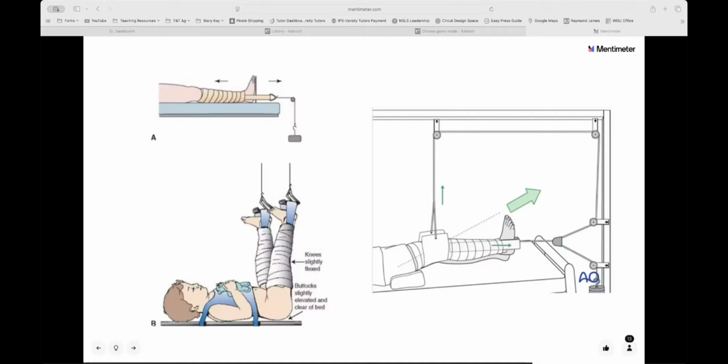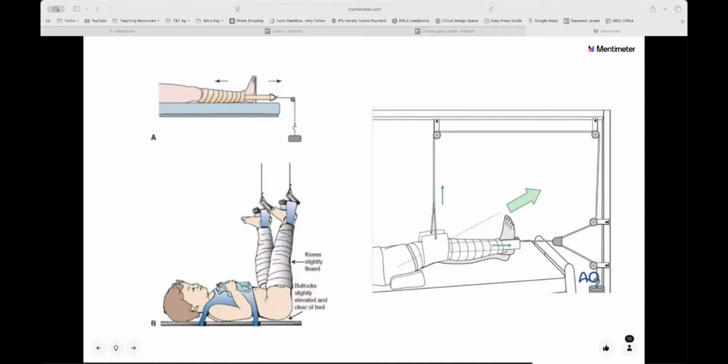What else would be a problem if it got stuck in one of those pulleys? It could cause further complications, like to the injured foot.